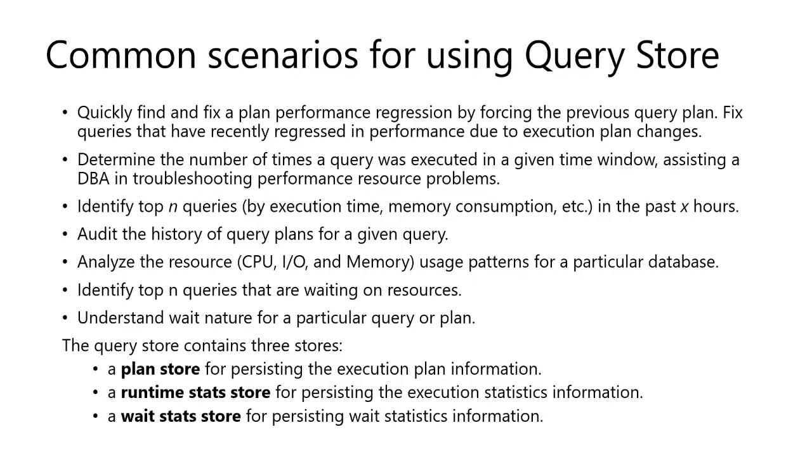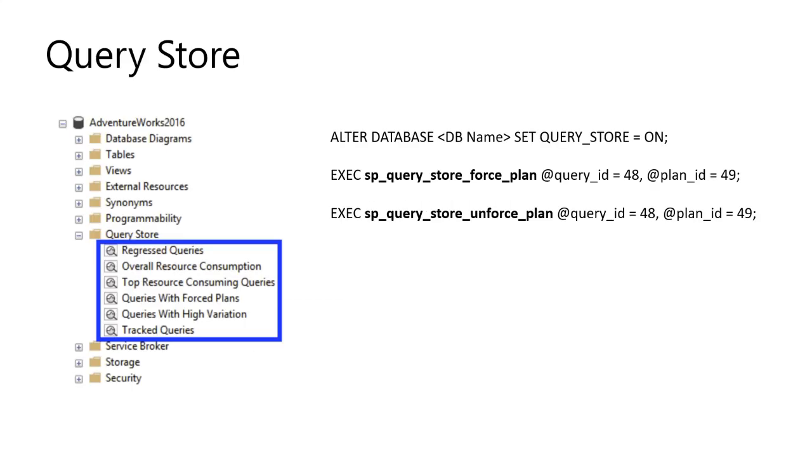So here we have a recap of what we can do with Query Store, right? And then how do we consume the information stored within Query Store? From Management Studio, we will have an option called Query Store, in which we have a set of predefined reports where we can see all the activity for the different workloads running within our user database, and understand and see those values that were stored, the plans that were changing over time, as well as the runtime statistics, right?